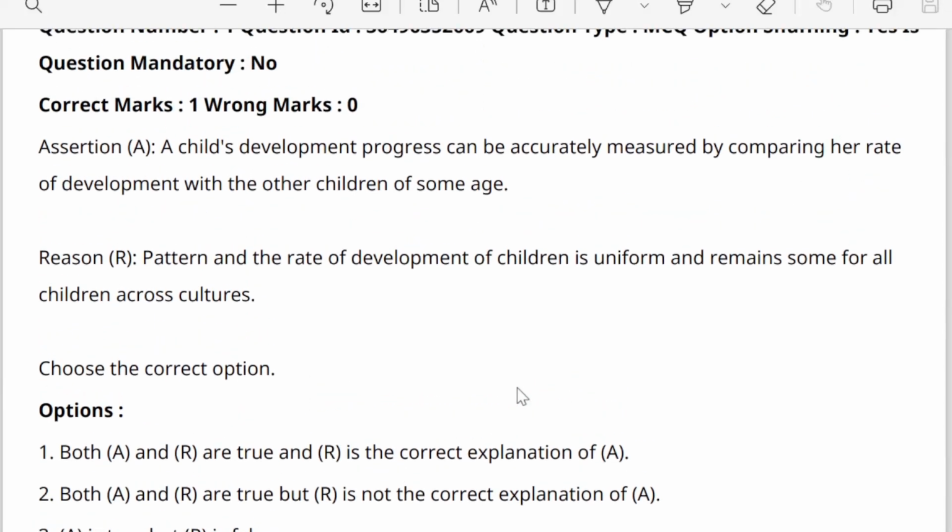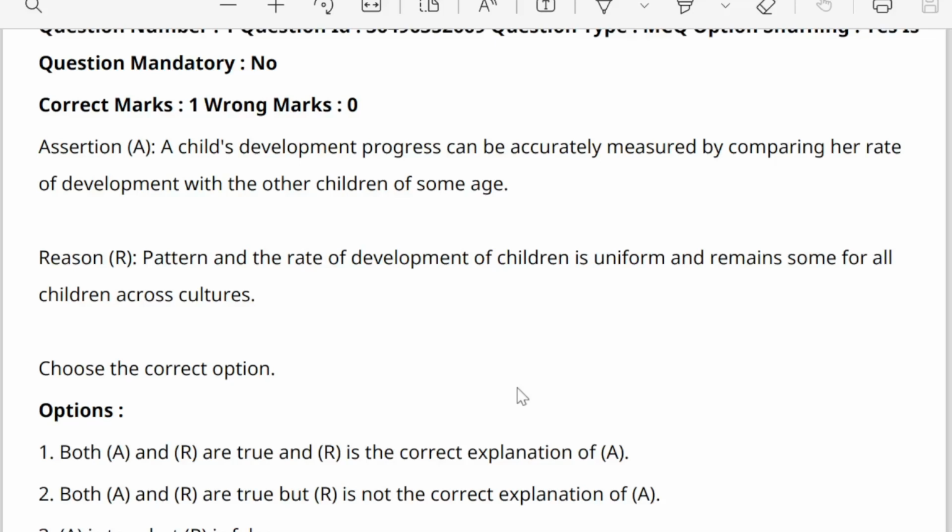So these are the assertion and reason type of questions. The trick here is to figure out whether the assertions and the reasons are true. Only if they are true do we go on to the other explanation, whether R is the explanation for A. So a child's developmental progress can be accurately measured by comparing her rate of development with other children of the same age.